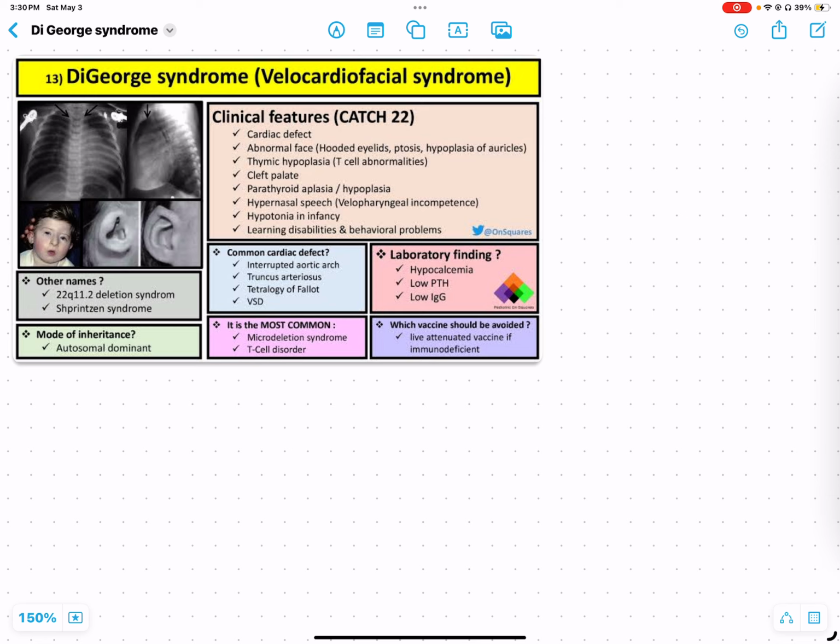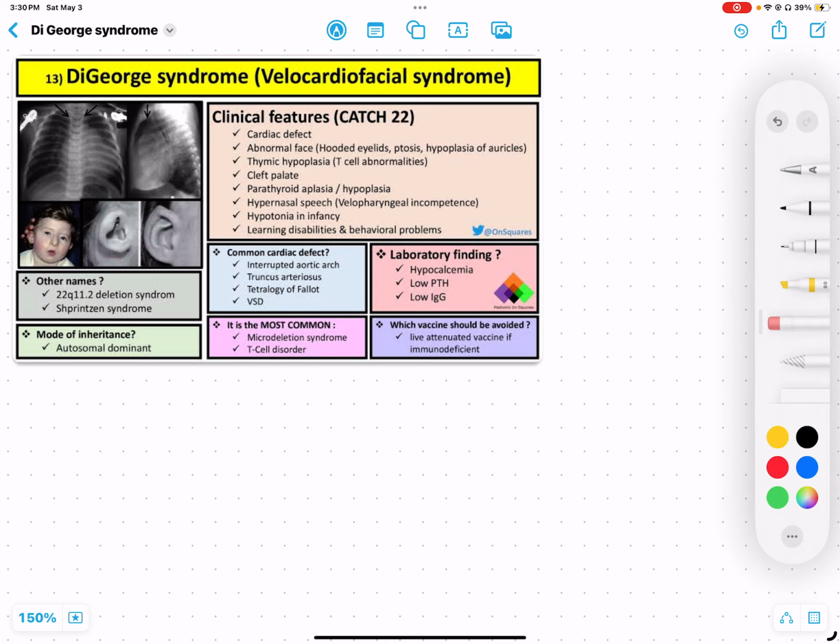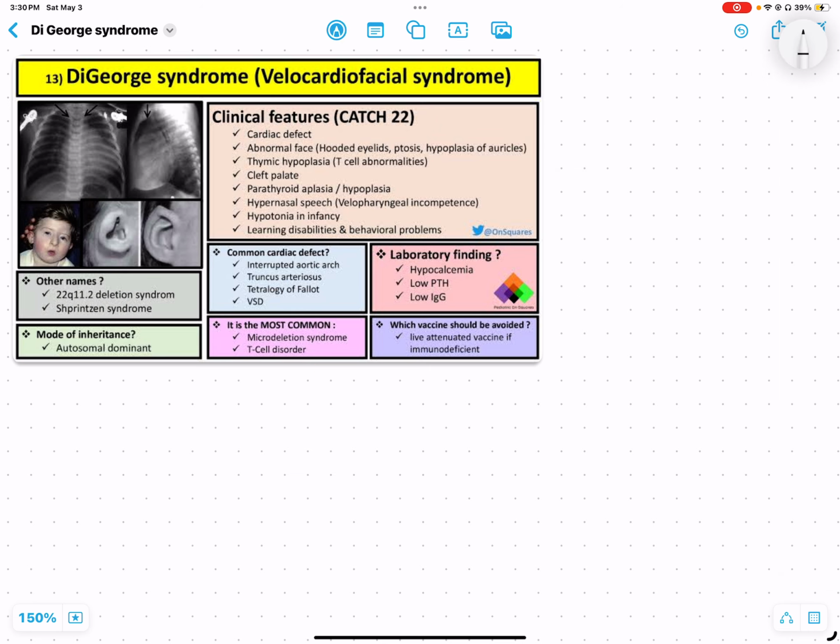When we talk about the immune cells, they are divided into T cells and B cells.